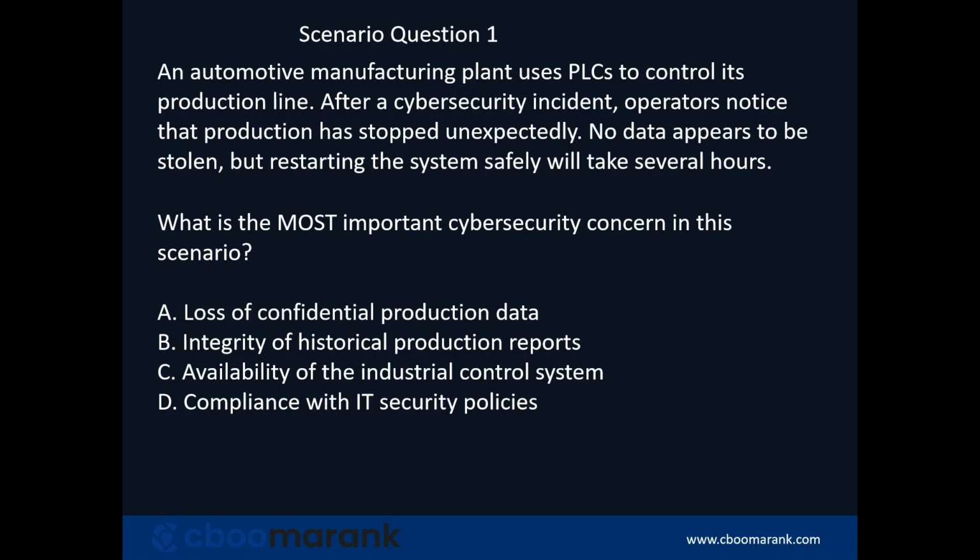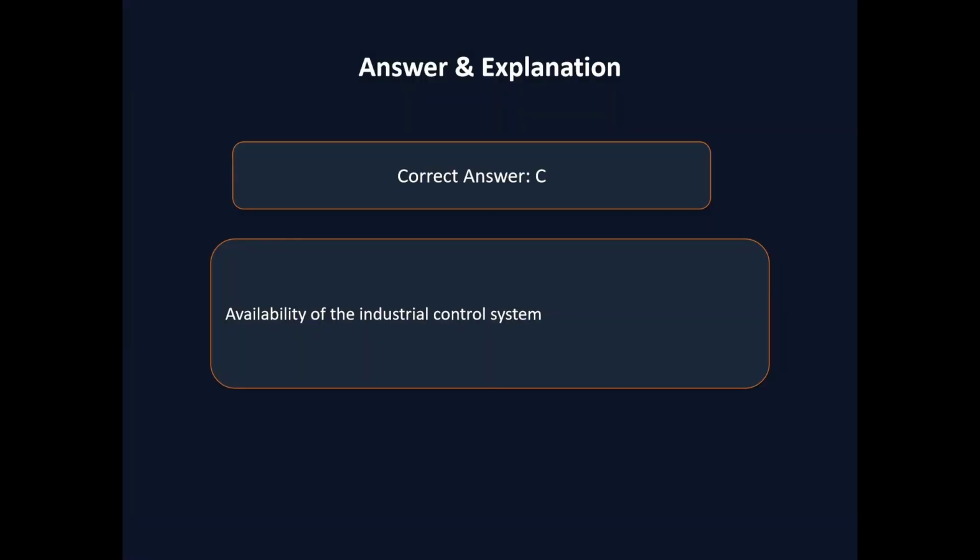So the correct answer is option C, which is availability of industrial control system.